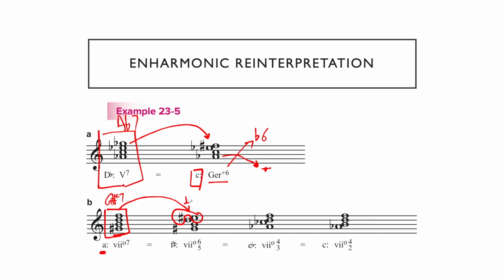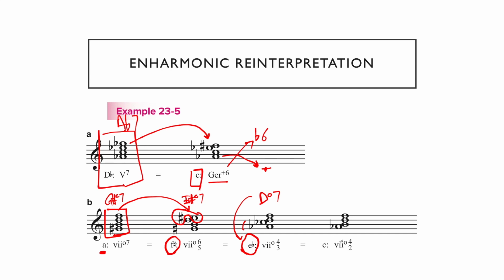Here it is E sharp diminished 7th. That means I'm in F sharp minor. And if I spell it once again differently and write it as a D diminished 7th, instead of G sharp and B, I wrote A flat and C flat, then I'm in E flat minor, although the sonority remains the same.